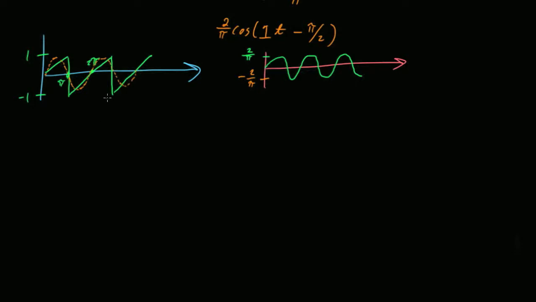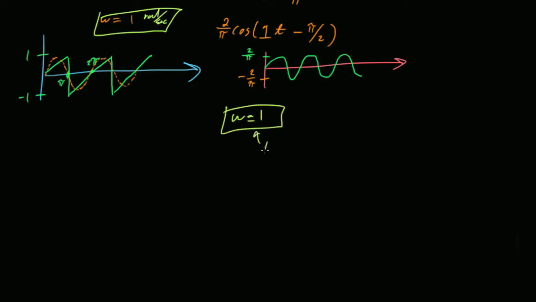We tried omega equals 1. Okay, we got an answer. Now we're going to try another frequency, and we're not just going to pick one out of a hat. We are going to stick to, as Eric was saying, omega equals 1 is called the fundamental frequency, because it was the same frequency as the sawtooth.